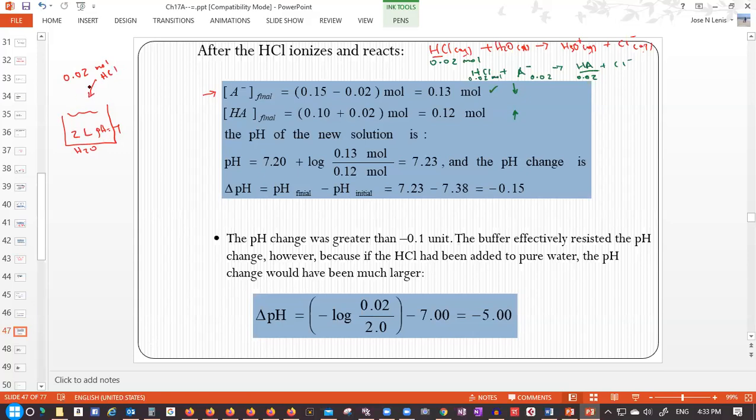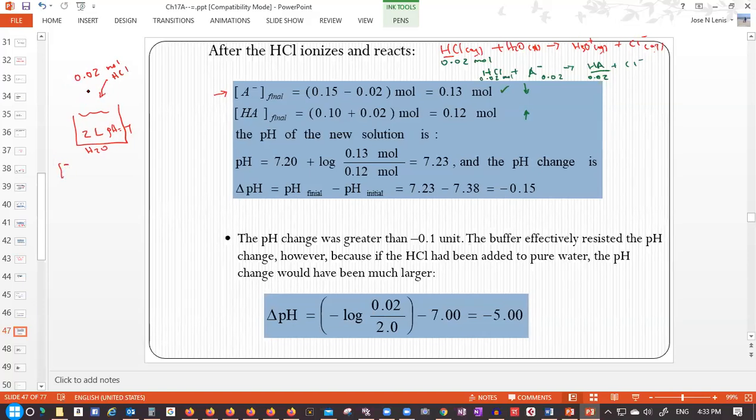Well, let's find the concentration. The concentration of H plus will be the initial amount, 0.2 moles. Remember, this is a strong acid and ionizes completely, so the concentration of H3O plus is going to be moles over 2 liters.